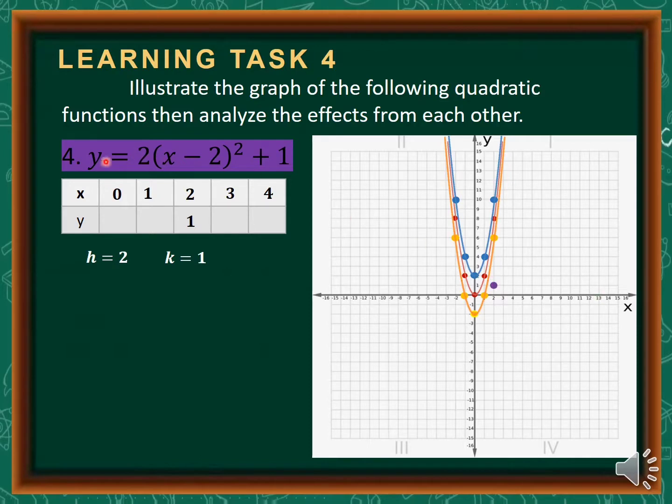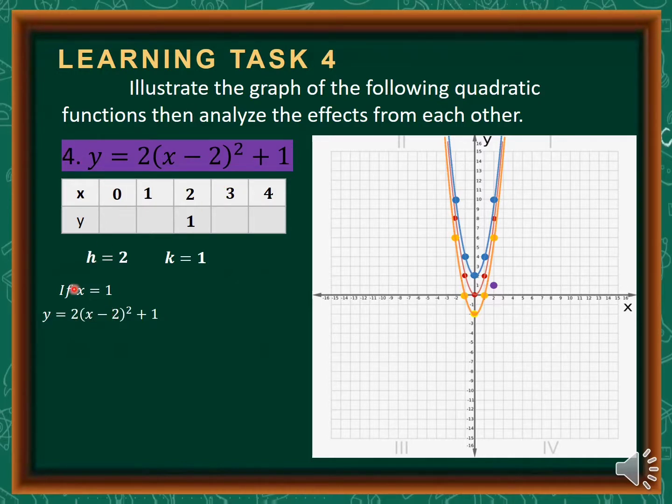Now, after plotting the point in our vertex, anong gagawin natin? Kumpletuhin na natin yung values, hanapin na natin yung y coordinates, and that is by substituting the values of x. If x is 1, what is the value of y? I-substitute lang natin dito sa original. Instead of writing x, i-write natin ay 1.